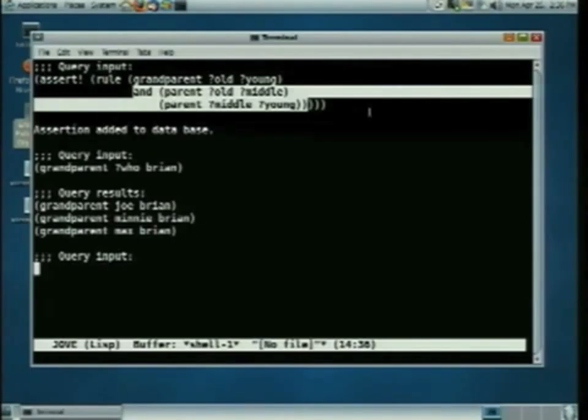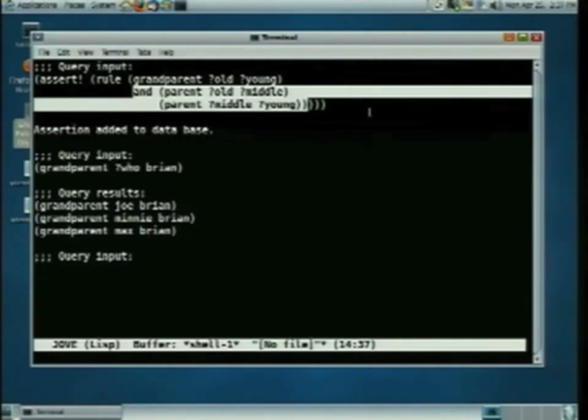And what's actually printed out is the original query, but with specific values substituted for the variables. So the query was grandparent ?who Brian. And every time it succeeds in matching that through the use of this rule, it prints out grandparent so-and-so Brian by finding out the value of who.